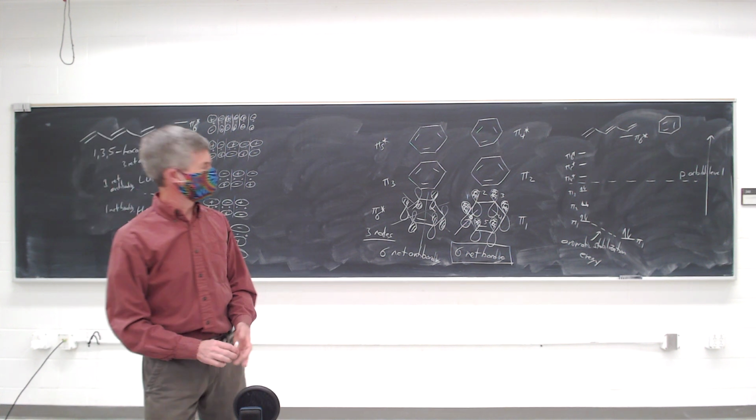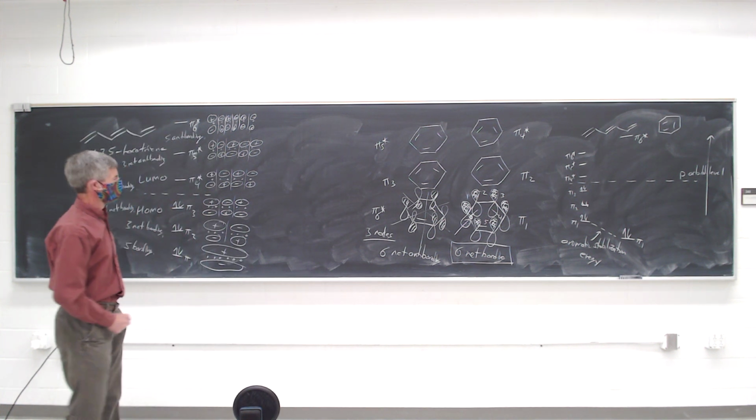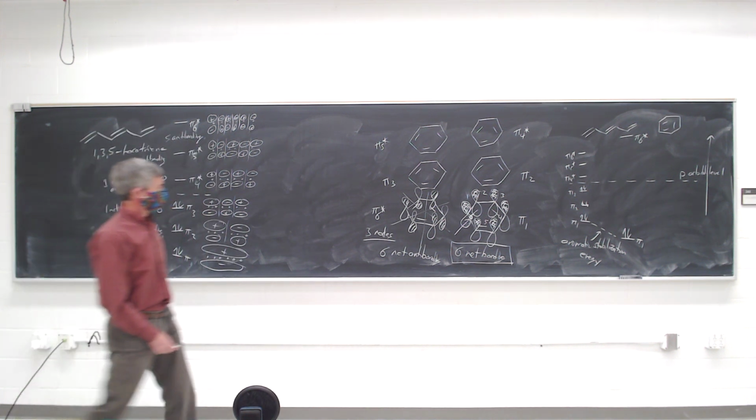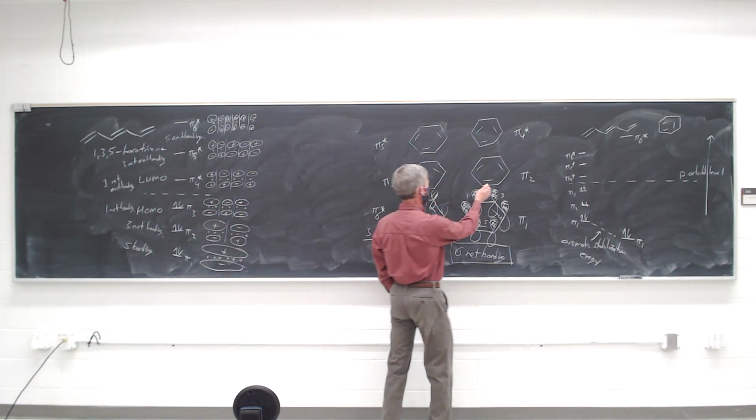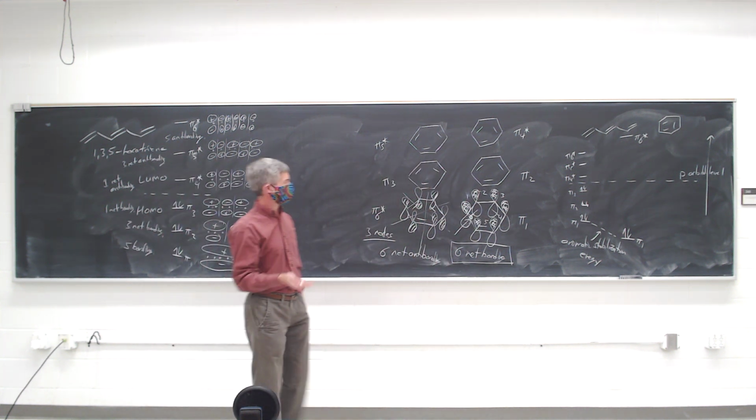Finish these orbital diagrams and orbital energy diagrams. So, pi 2 and pi 3 are both going to have a single node.